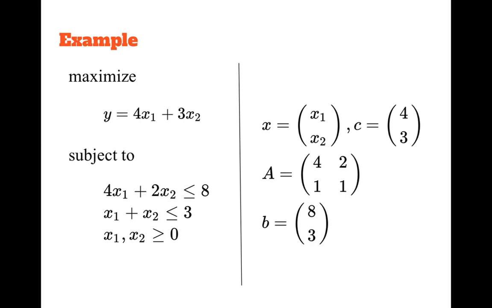By setting the vector x consisting of x1 and x2, the vector c consisting of 4 and 3, a 2x2 matrix A with entries 4, 2, 1, 1, and a vector b consisting of 8 and 3, we can transform this example into the general form of optimization problem that I introduced before.